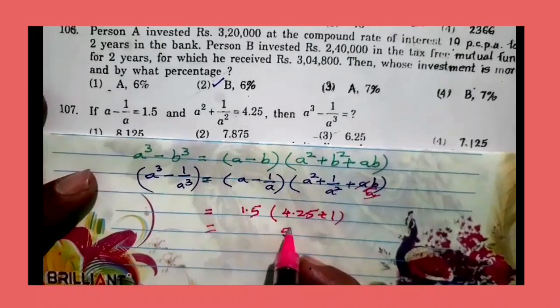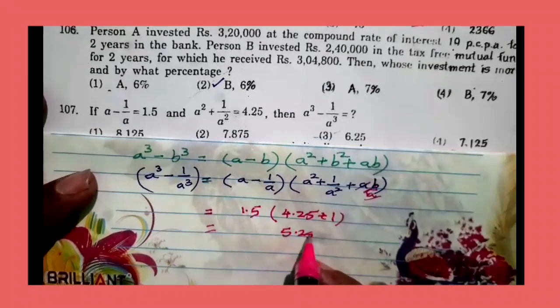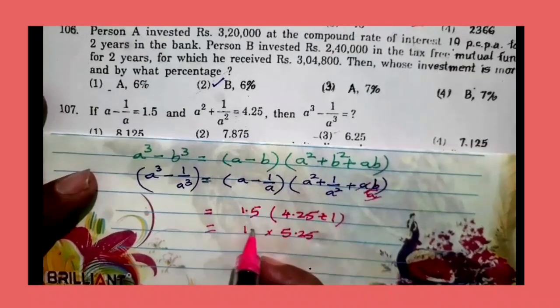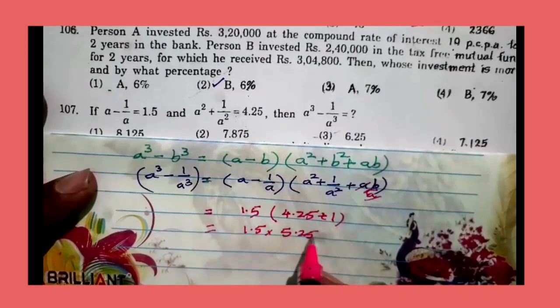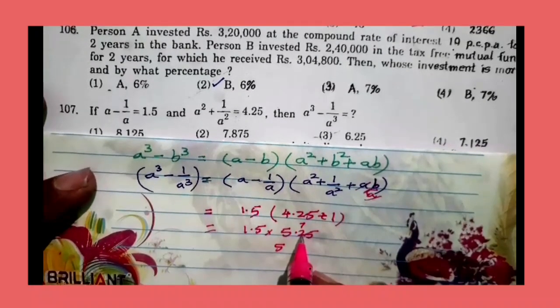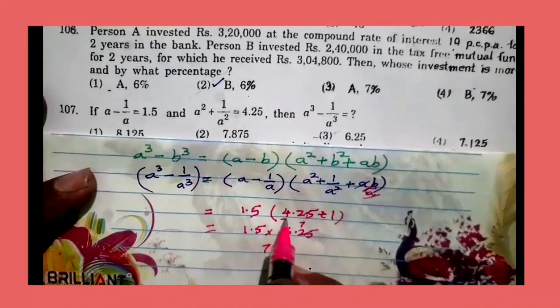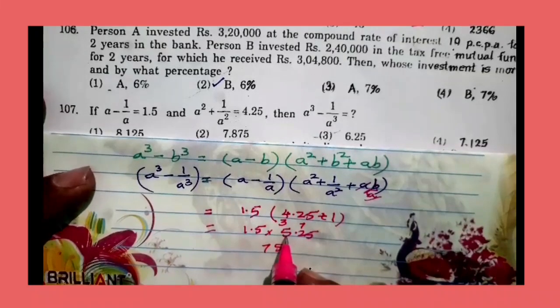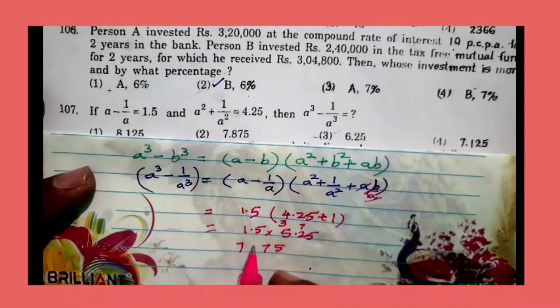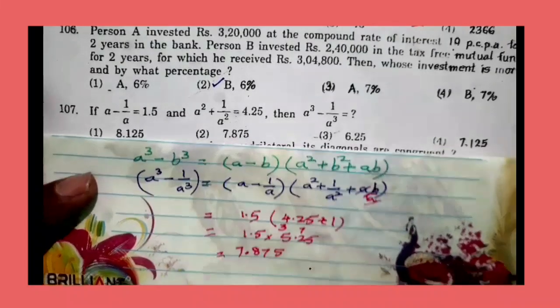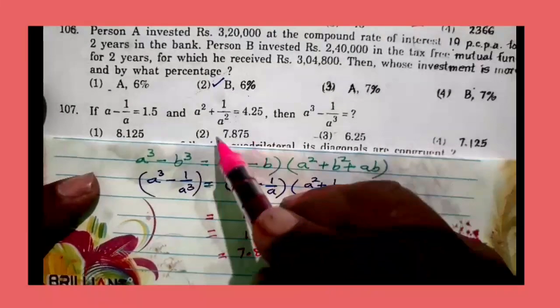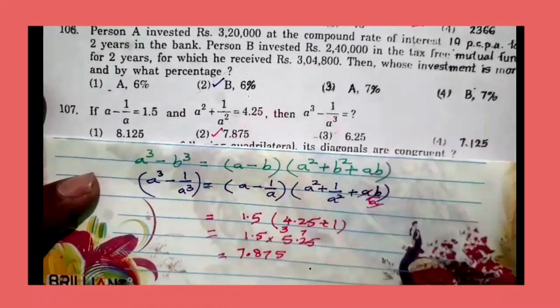This is 5.25 multiplied by 15. 15 times 5 is 75. 15 times 2 is 30, 37. 15 times 5 is 75, 78. Point position is 3. So 7.875 is our answer.